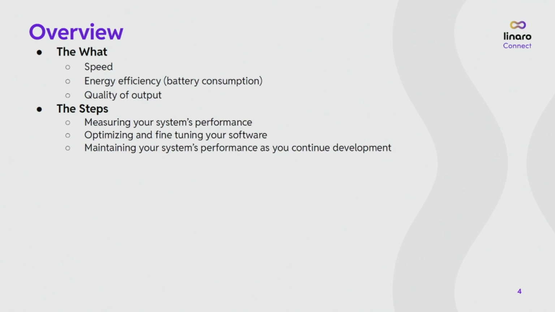Then once you've done your measurements of everything in the system, including your code, it might be time for optimizing and fine-tuning your software. I'll explain a little bit about the steps related to doing the optimization, or rather what we have decided would be good for our clients.